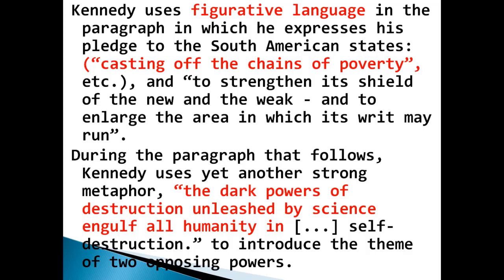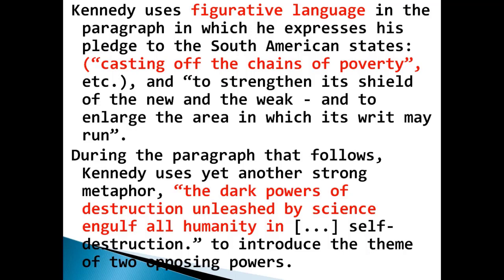It means to alleviate the poverty and to bring prosperity, and to strengthen its shield of the new and the weak, and to enlarge the area in which its writ may run. It means that the power of the government, the authority of the country, should go smoothly.